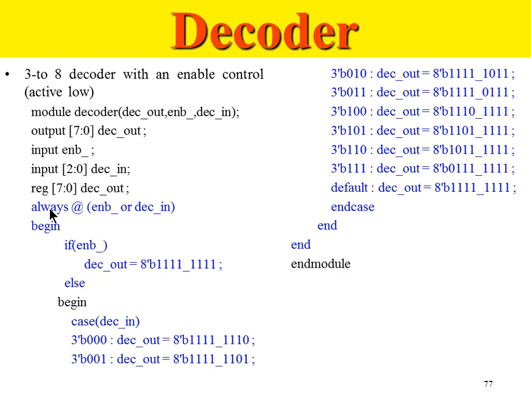Since there are three select lines, we have 2 to the power of 3, which is an 8-bit output.